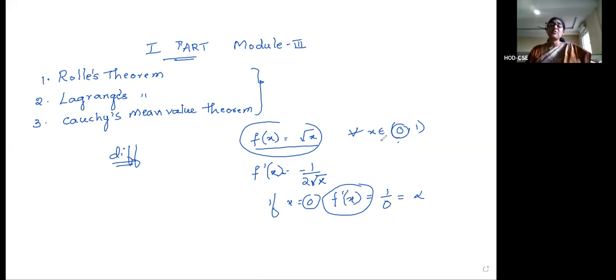Suppose I change my interval from 0 to 1 to the interval 1, 2. Between 1 comma 2, whatever point you substitute in the function, you are going to get a finite value, isn't it? Root of 1 is a finite value, root of 1.1 is a finite value, so on and so forth.